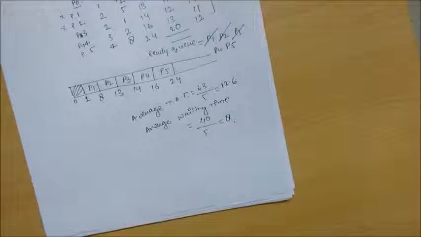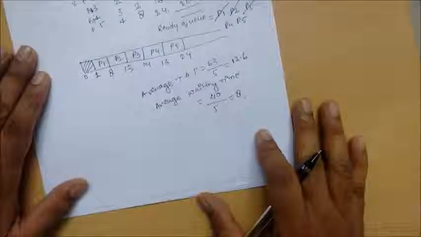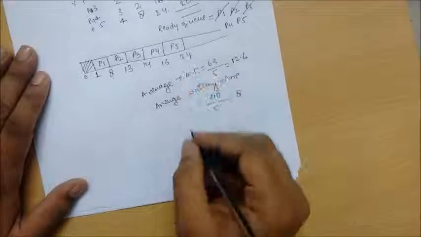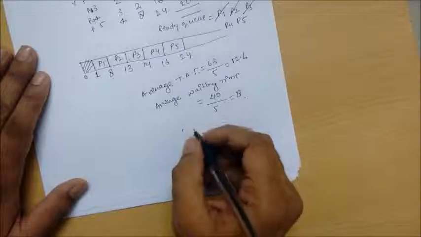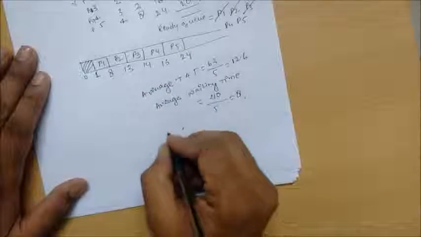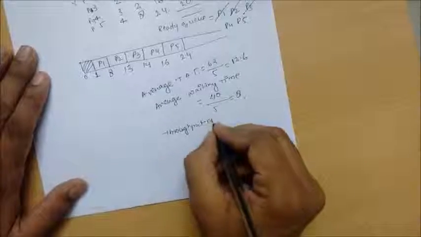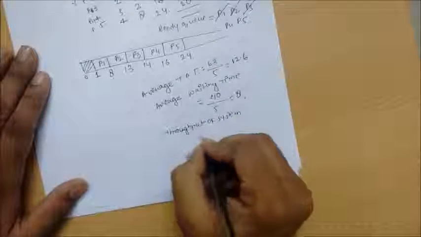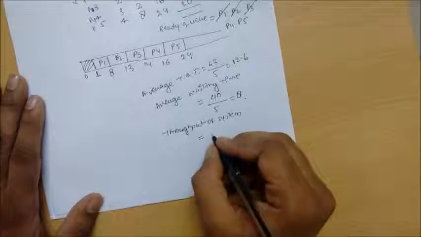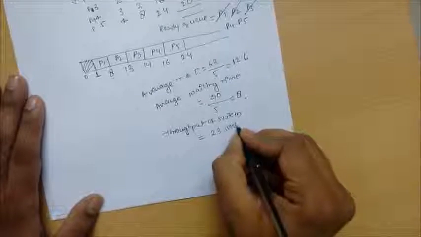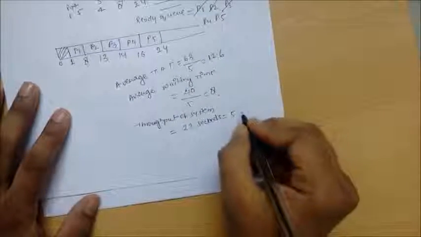So we will calculate the throughput of the system here. We will not consider this idle time here. So there are 23 seconds. The system took 23 seconds to complete 5 jobs, 5 processes.